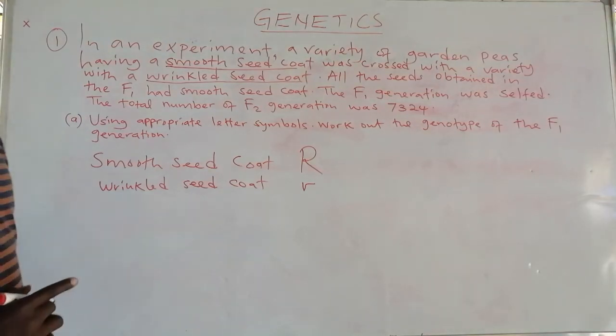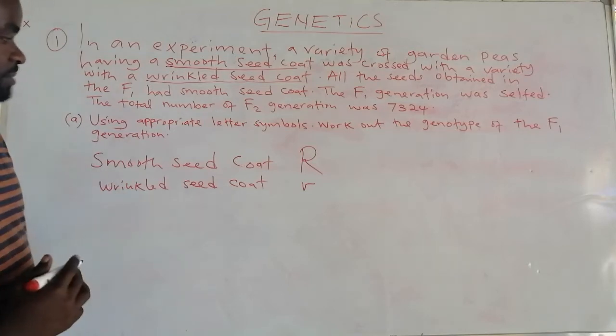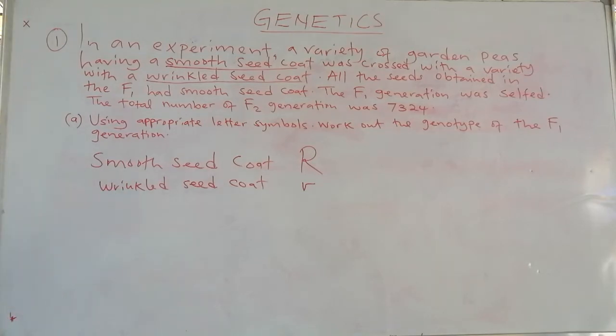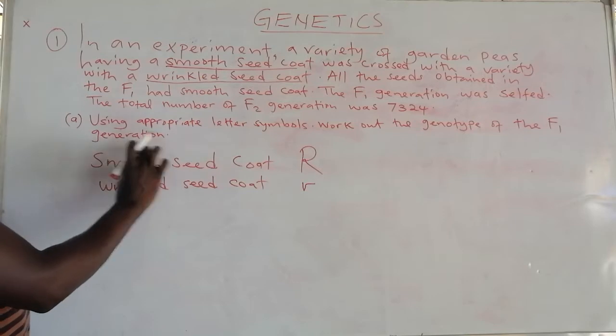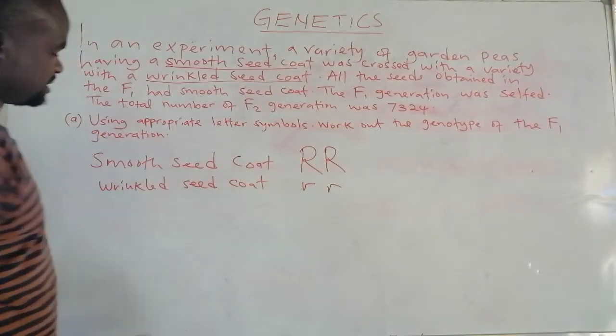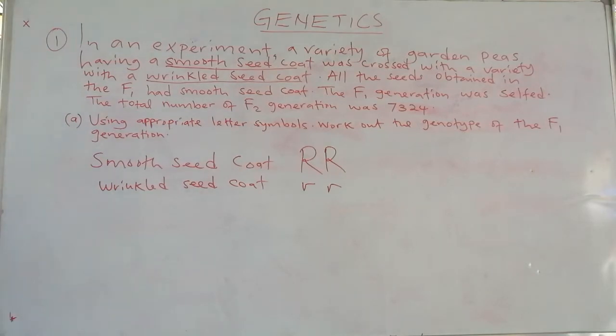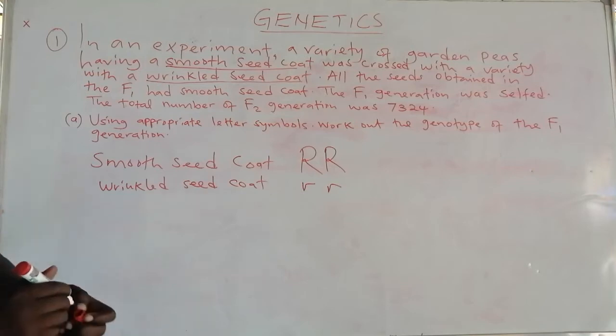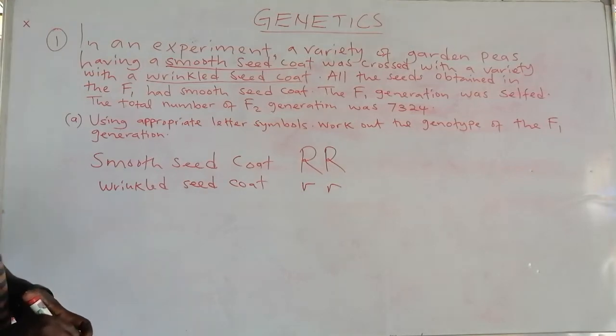So when you want to have the genotypes of these characteristics, we are going to have the smooth seed coat having R, and then wrinkled seed coat having small r, because it is recessive to that of smooth seed coat.